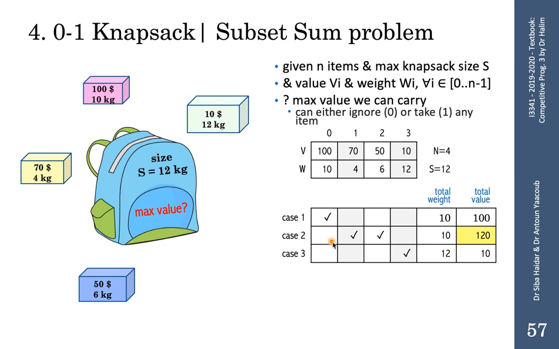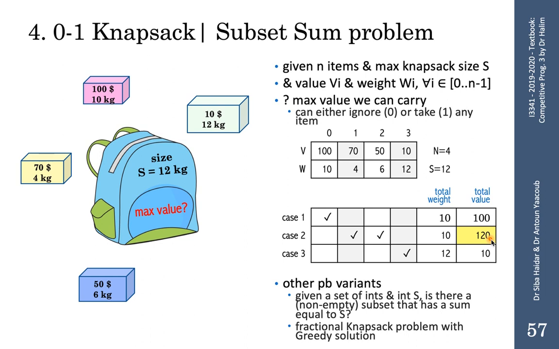Another option, I can take item 1, which can still leave a place for item 2, so I take them both, which makes a weight of 10 and a value of 120, which is 70 plus 50. Another and last third option is to take the fourth item alone, which has a weight of 12, but the total value is only 10. My goal is to maximize the total value, so the optimal solution here is to take the case number 2.